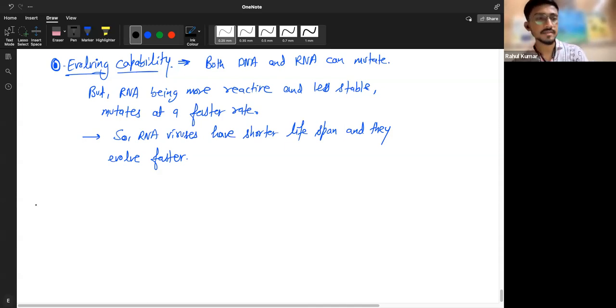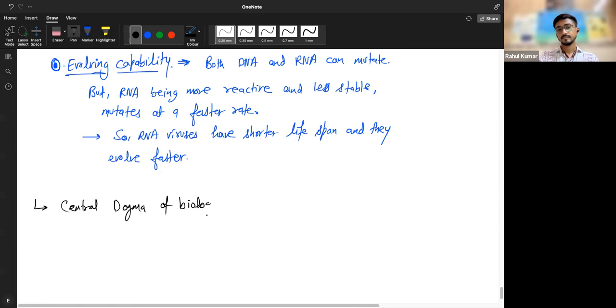Now, why I'm saying this is because if we see the central dogma of biology, what was the central dogma of biology? Again, tell me. Wafia. What is central dogma? The flow of genetic information. What was it?